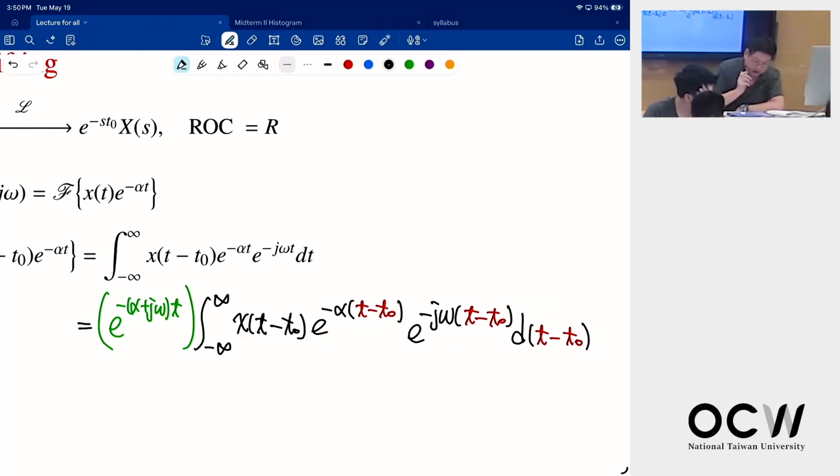So we have e to the minus alpha plus j omega t naught. This should be t naught.